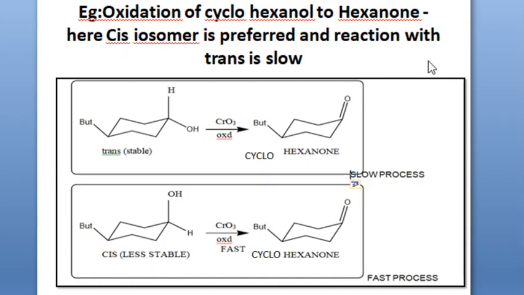And in this, one of the stereoisomers is preferred by chromium 6 oxide oxidation. And what is that? Cis is preferred over trans. And thus you got cyclohexanone fast in the case of the cis isomer. Therefore, you classify this reaction as a substrate stereoselective reaction.